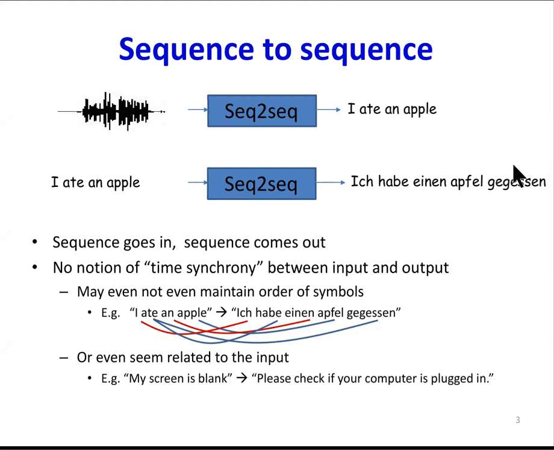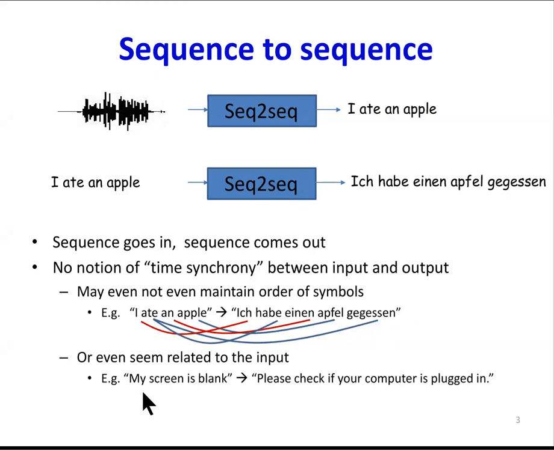"Gegessen" is the last word in German. On the other hand, this one word "ate" splits into two. It becomes "habe gegessen". So it actually becomes two different portions of the output, which are separated by other symbols. So there's no order correspondence between the two.